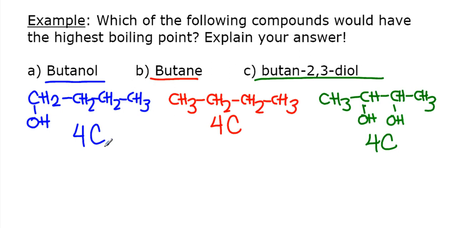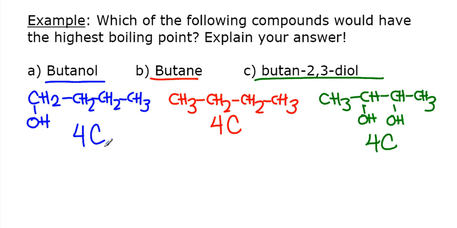If you're comparing something that's very different in size, like 4 versus 12 or 10 even, what's going to happen is the London dispersion forces are going to take over. Okay, so you have a lot more atoms, you have a lot more electrons, and those London dispersion forces are going to be present in quite a strong amount. So if you're comparing boiling points or melting points, generally you'll have structures that should be around the same length. But if they're not, you can still see that. Just know that larger molecules tend to have higher melting points and higher boiling points because they have more dispersion forces.